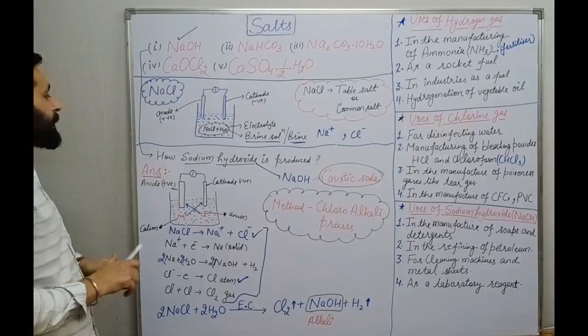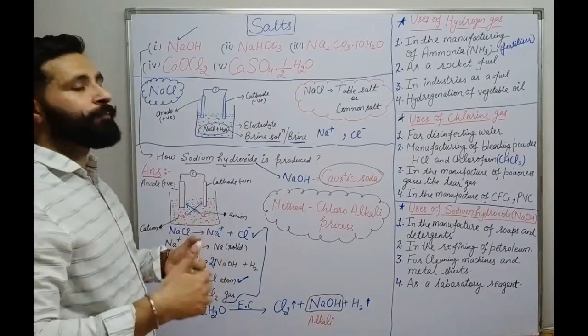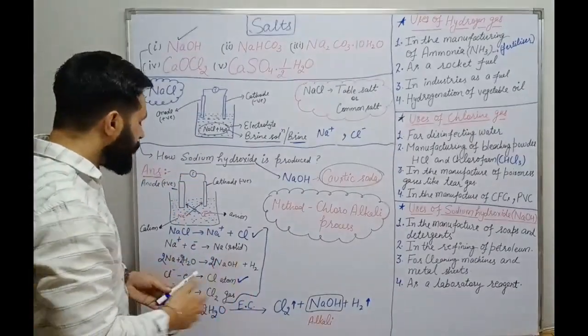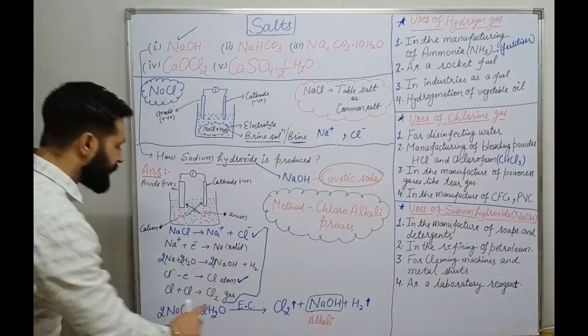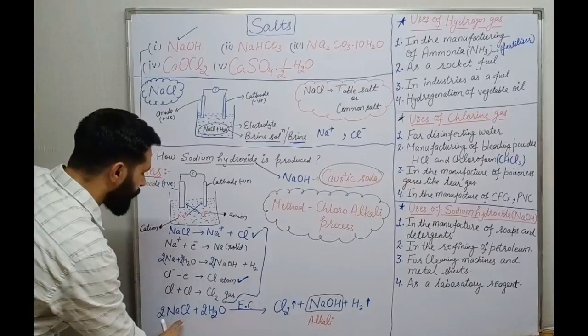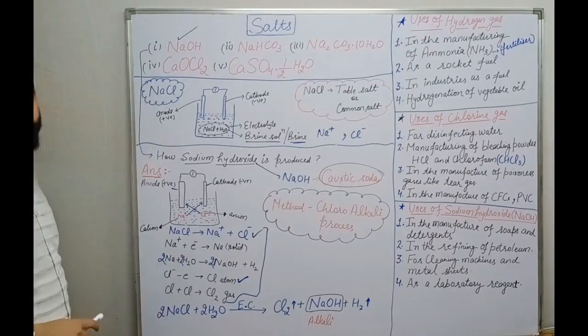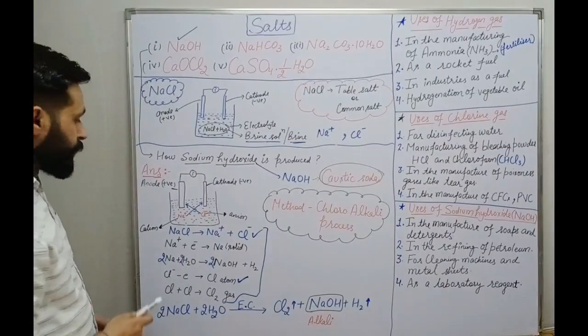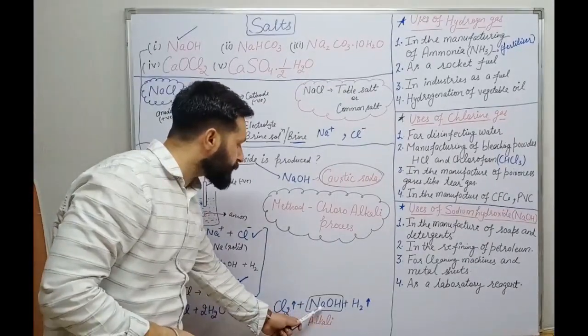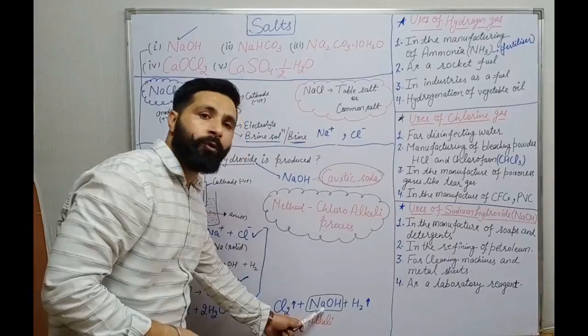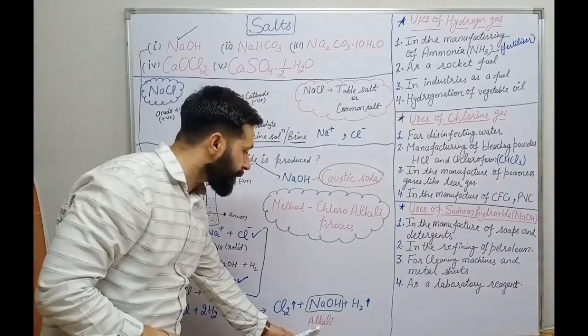So how can you say that sodium hydroxide is produced? When electric current is passed through salt solution. So beta, here chlorine gas is produced, and sodium hydroxide, which is a strong base, is also called an alkali.